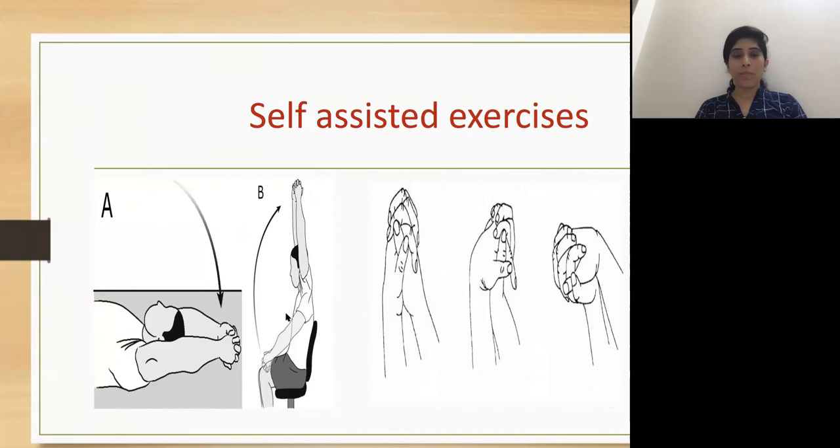Same way in the sitting position, the patient is performing. For the wrist also, we can perform this assisted exercise. For post-fracture patients and hemiplegic patients, this type of exercise is very effective.